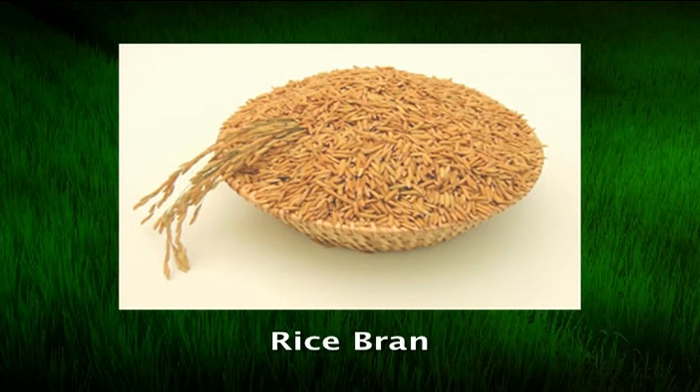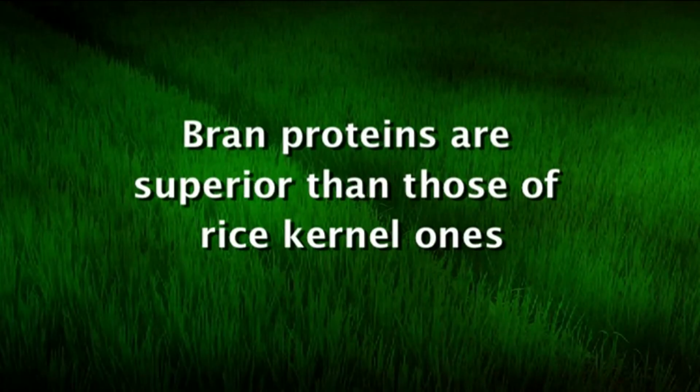Bran is another important byproduct of the rice milling industry and it is used as cattle feed. Chemically, it contains moisture, fat, protein, fiber, ash, small amounts of sucrose, reducing sugars, thiamine and nicotinic acid. Its proteins are superior to those of the rice kernel.